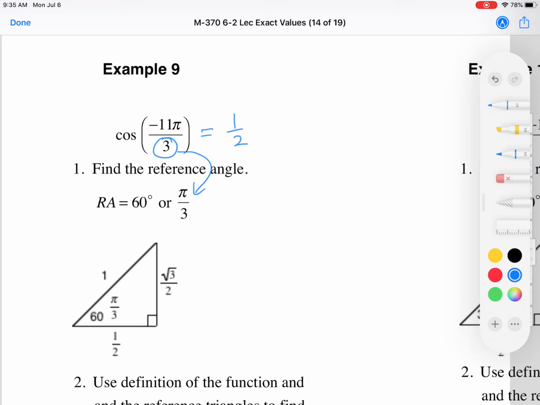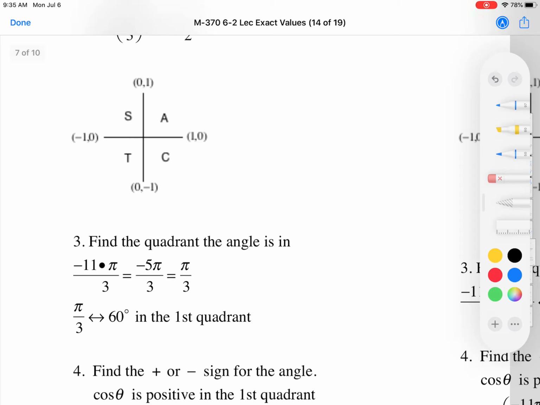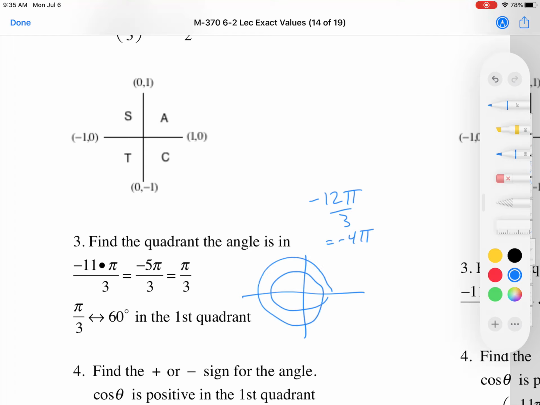And so that's where we investigate where we are. So let's look at his investigation. He's saying that we're going to be right smack dab in the first quadrant, and that's exactly what I think as well. Now, why do I think that? Because negative 11 pi over 3 is really close to negative 12 pi over 3, which is negative 4 pi. Well, where's negative 4 pi? Here's negative 2 pi, here's negative 4 pi.